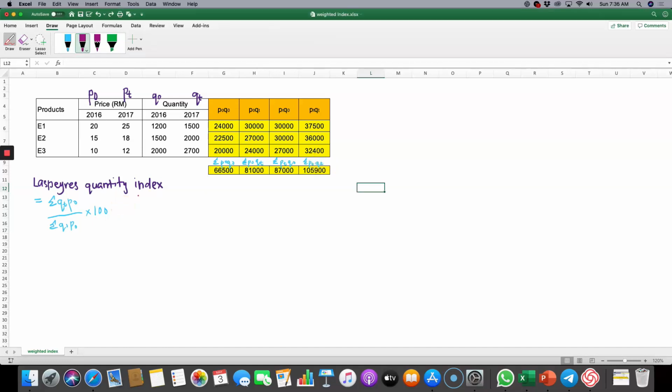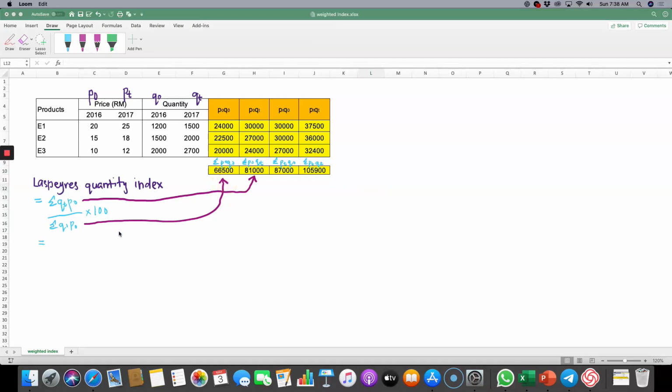We extract the information for this part, QT times P now. This is the information, and for this part, the information will be this. We substitute the information from these two into this formula.